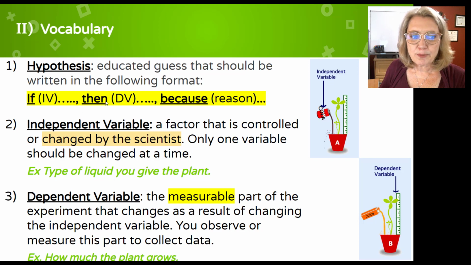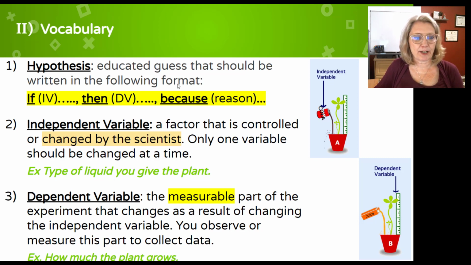We will need to put the independent and dependent variable in the spaces, which we will talk about later, but in order to write a hypothesis, we start off with if. Then you say something about your independent variable. Then say something about your dependent variable and because. And this is the reason why you think it's going to happen. All right, we'll practice this a little bit later.